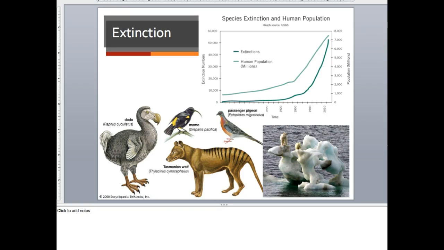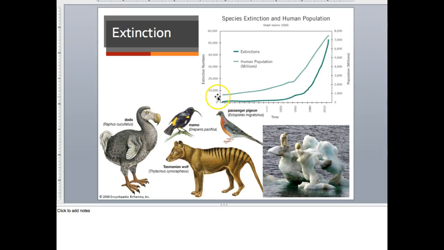So this is kind of what things are looking like over historical time. So the graph in the upper right of your slide here shows species extinction rates compared to human population growth rates. So extinction numbers in number of species are on the left, population of humans in the millions is on the right.